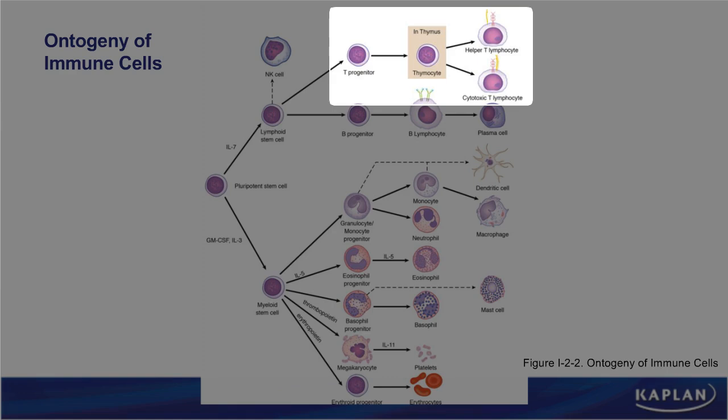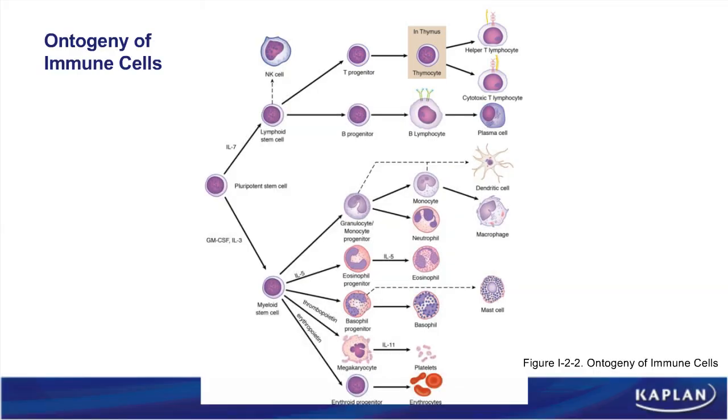They will either become CD4 positive T cells, which will supply our helper T lymphocyte population, or they will become CD8 positive T cells, which will serve as the precursor for the activated form cytotoxic T lymphocytes. So again, all of these cells are going to be derived from the presence of IL-7.